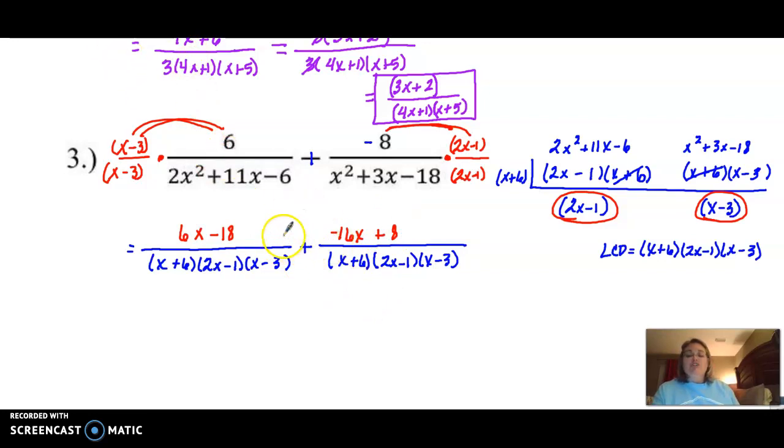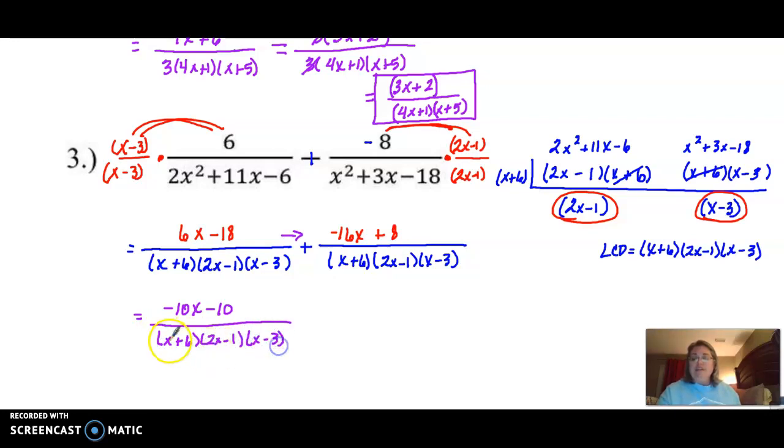Collect across the top, just like before. 6x and negative 16x gives me a negative 10x. Negative 18 plus 8 gives me a minus 10 over x plus 6 times 2x minus 1 times x minus 3.